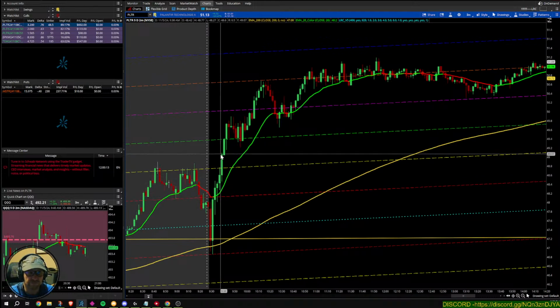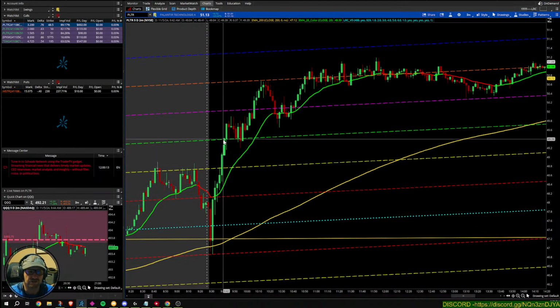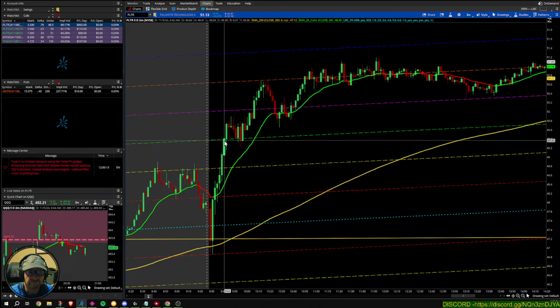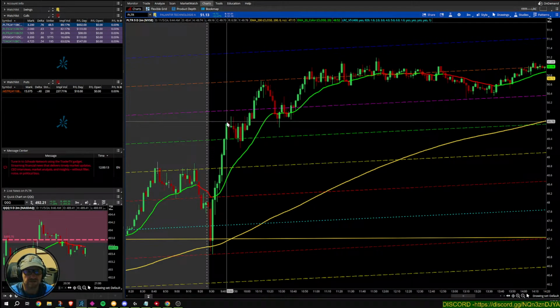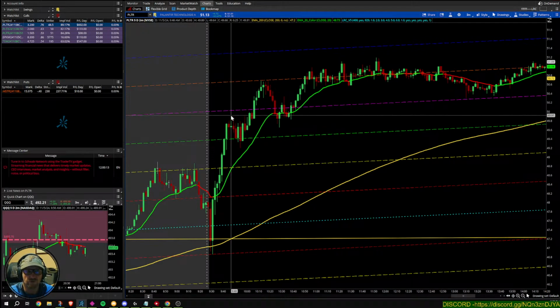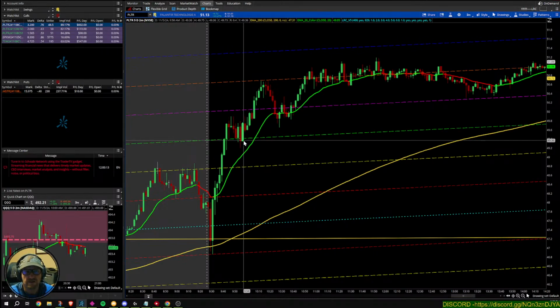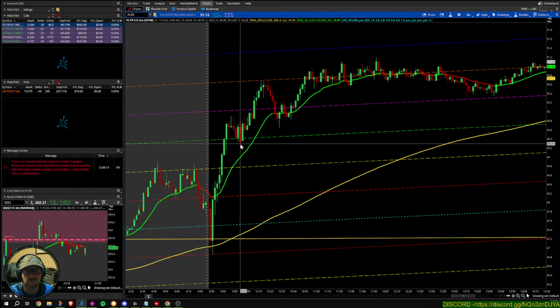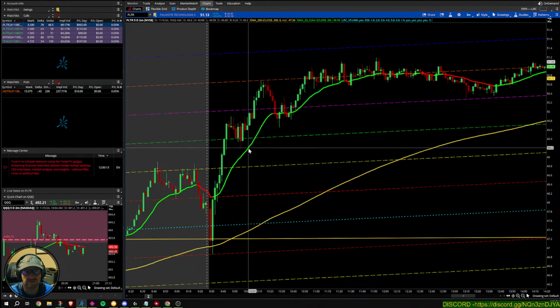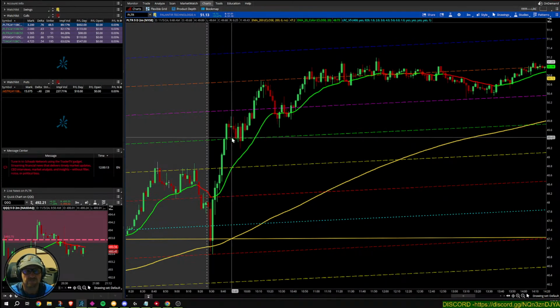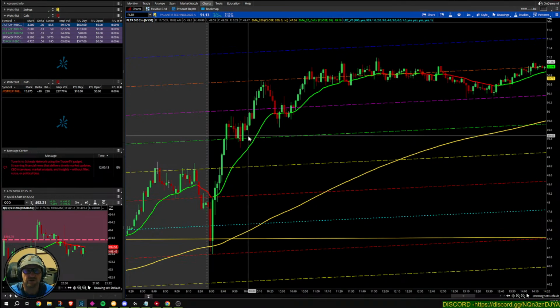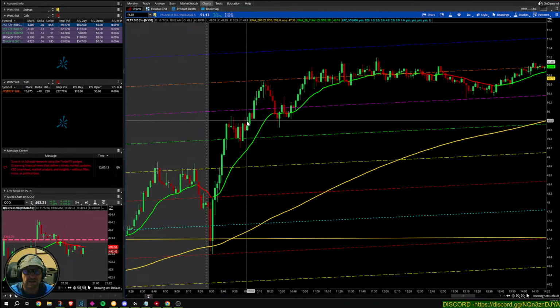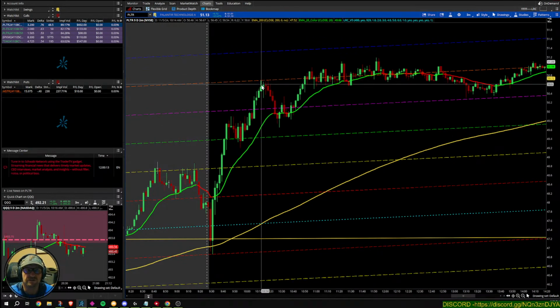I traded up to this candle. I scaled out, and I scaled out once again on this candle here. I waited for the pullback. I was concerned about the pullback all the way to the 20, but since it kept pushing up above the green LRC, I stayed in, and I rode this all the way up to here.